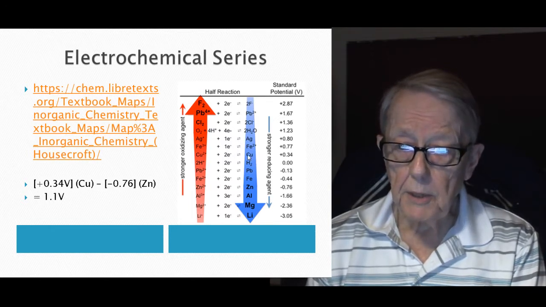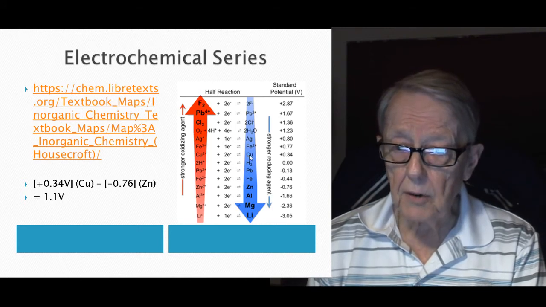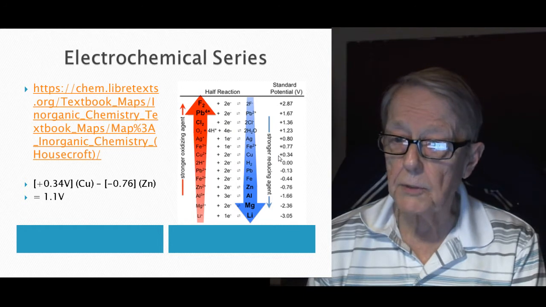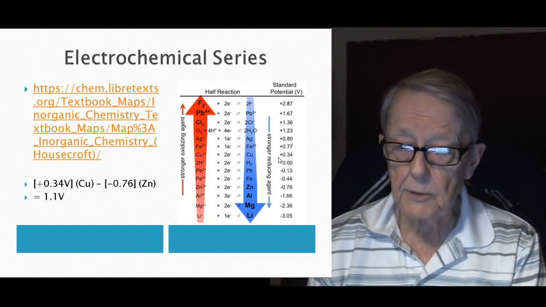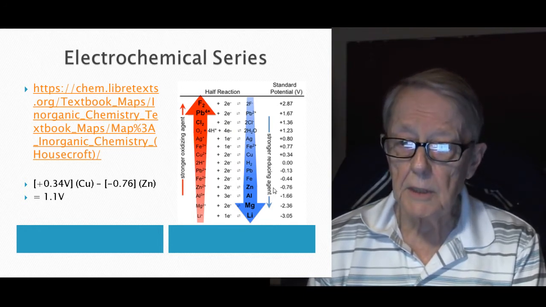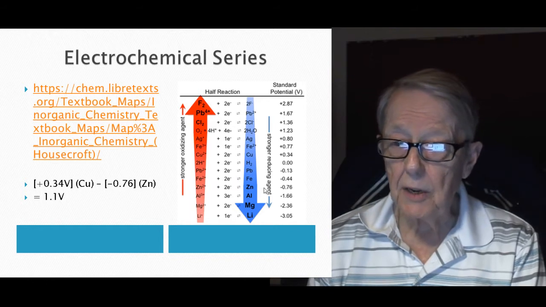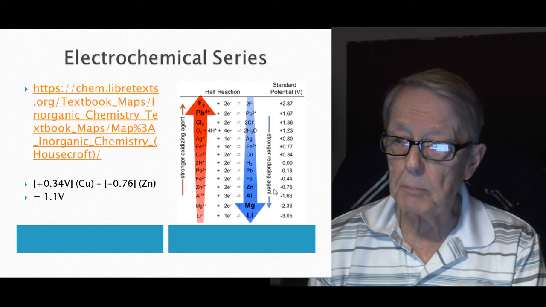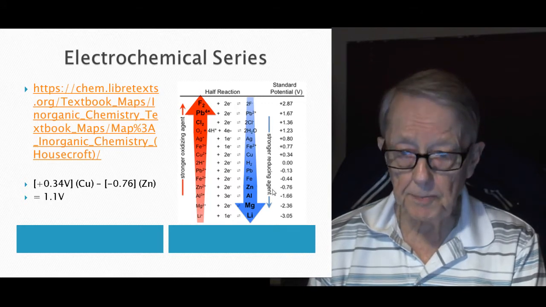So when you put copper into its electrolyte, it gives you 0.34 volts automatically, just by the chemical reactions. You put zinc into its electrolyte, and you get a negative 0.76 volts.